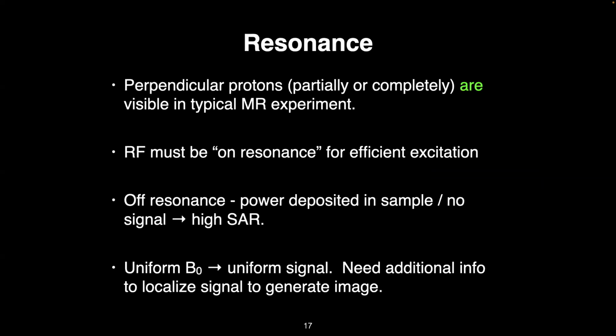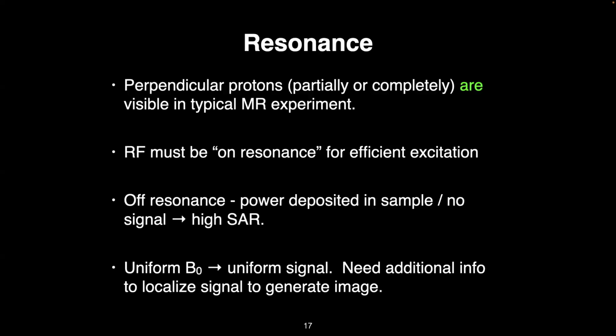So just to recap, if you want to detect any signal, you have to get that magnetization out of parallel alignment, some or all of it, into that perpendicular XY plane, so you can detect it with our RF hardware. We want to be on resonance to be able to move your protons, or move your magnetization, that way.